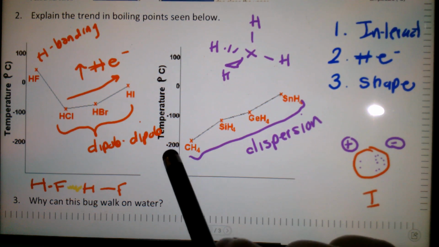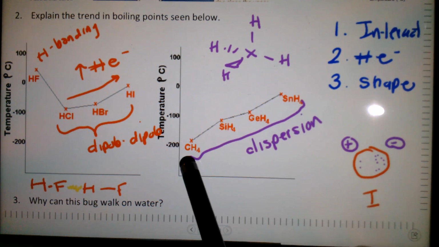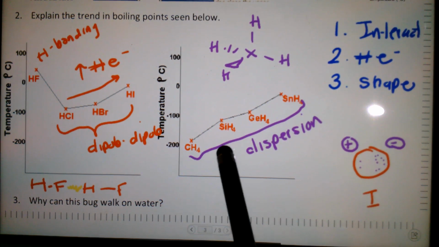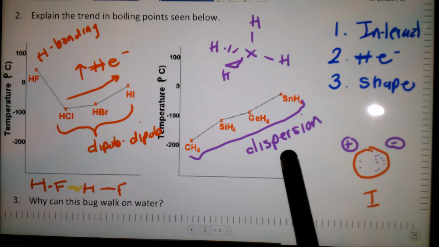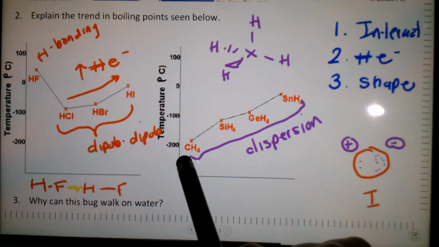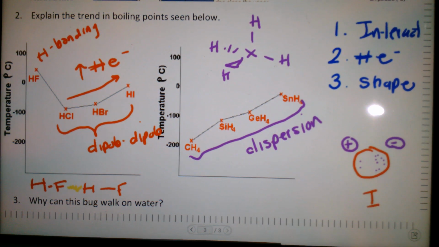That's why they're all so low here. These are very, very low boiling points, look compared to these. Much lower because the interaction between them is not very strong. So why do we see a steady increase going from CH4 to SnH4?